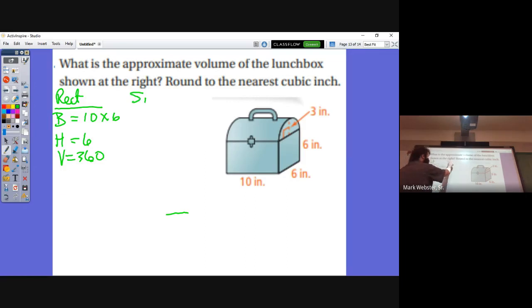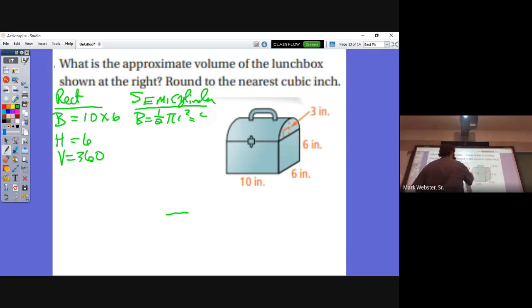And then for the semi-cylinder, again, that's 1/2. So we're going to get either 9/2 pi or 4.5 pi, whichever you personally prefer. The height is 10 for this one. So 4.5 pi times 10, we get 45 pi.